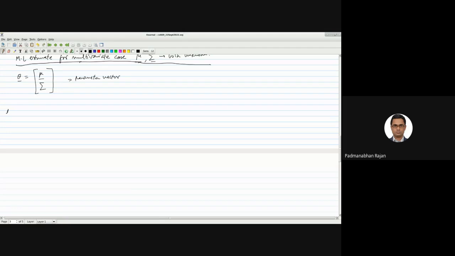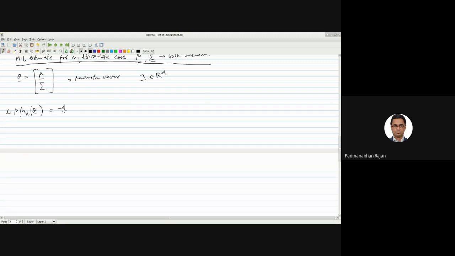Let's write the log likelihood function, log of p for a single data point xk given theta. I hope I will use the variable names correctly. So x is a d-dimensional vector; the feature vector is of dimension d.